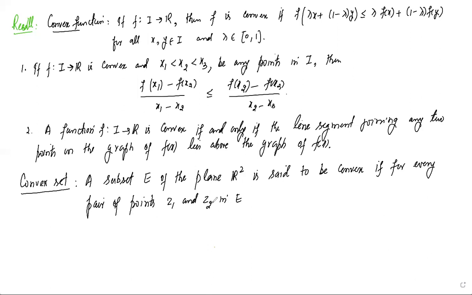If for any pair of points Z1 and Z2 in E, the line joining Z1 and Z2 lies entirely in E. So if any subset of R square shares this property, that a line segment joining any 2 points in that subset lies entirely in the same subset, then such a subset is said to be a convex set.